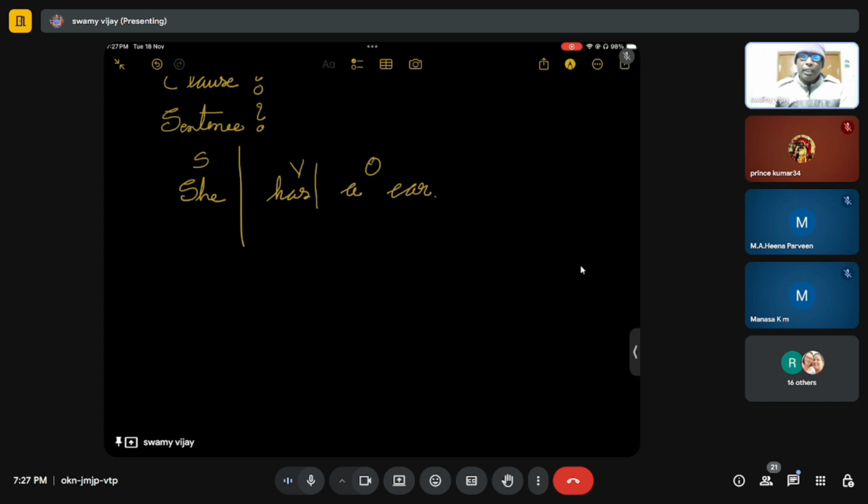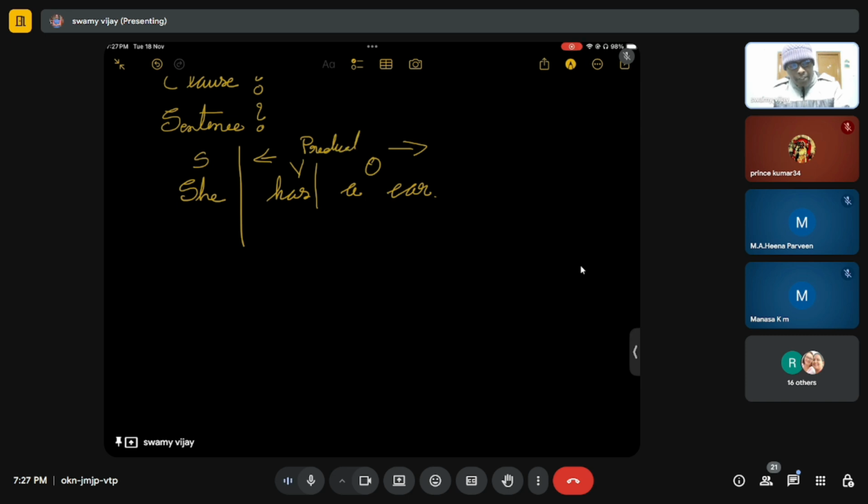A subject is the doer of the action, an object is the receiver of the action, and 'has' is the verb here. But if you go deeper, this sentence is divided into two parts. What are the two parts? The second part of the sentence is called the predicate.